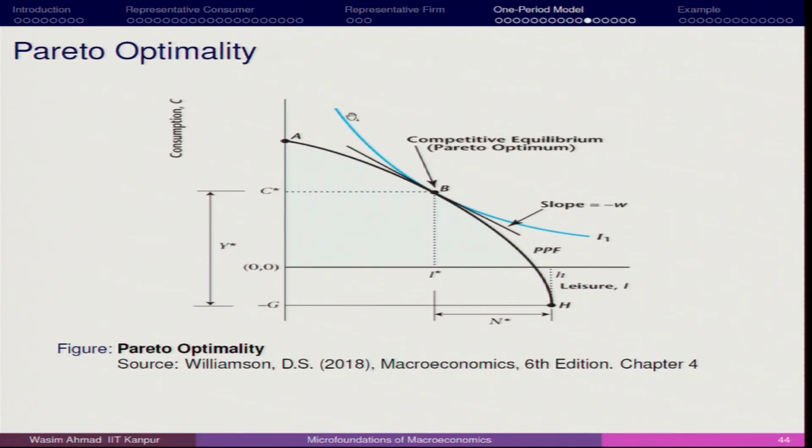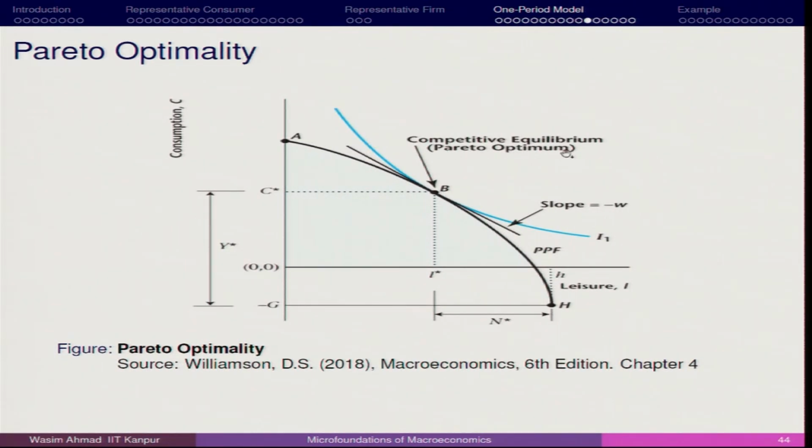In the same way with the competitive equilibrium, what we see is that the consumer will supply H minus L amount of labor to enjoy the consumption of C amount, and we know that the downward sloping line has a slope of minus W. So, the competitive equilibrium more or less satisfies what we are assuming.